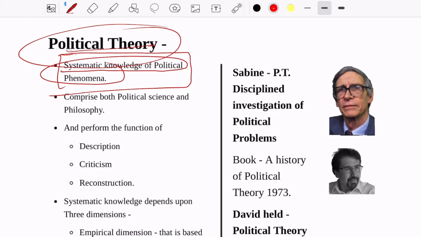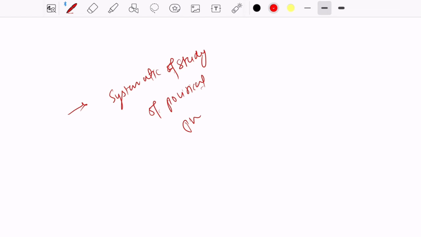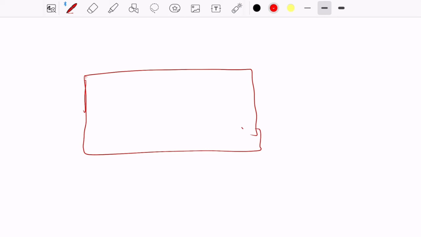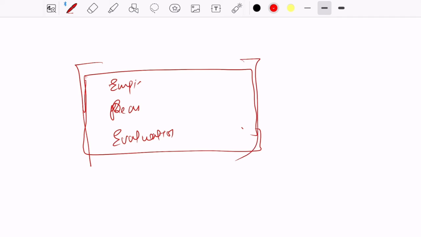Now, as I explained, any political theory or any theory consists of empiricism, rationality, reason, and evaluation. I told you any theory is based on these criteria.